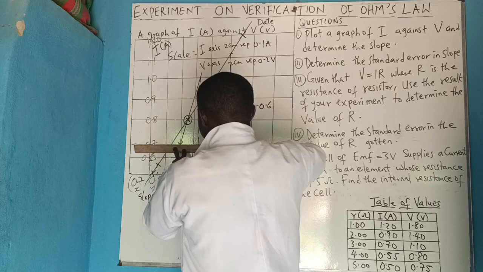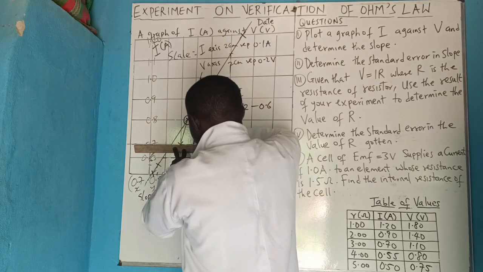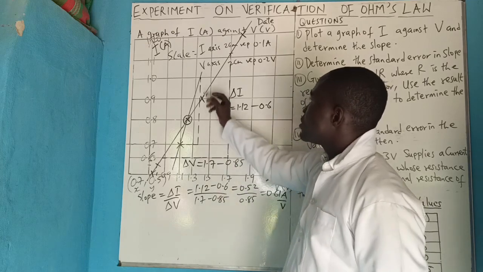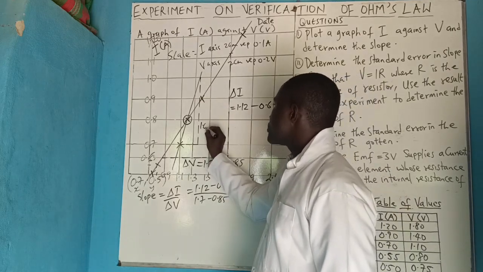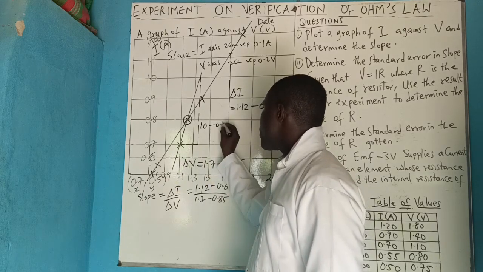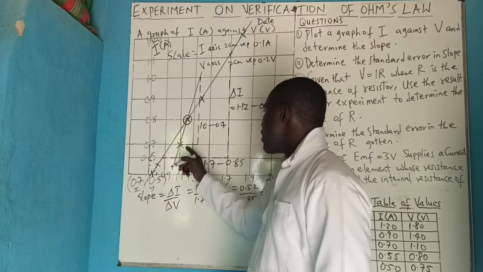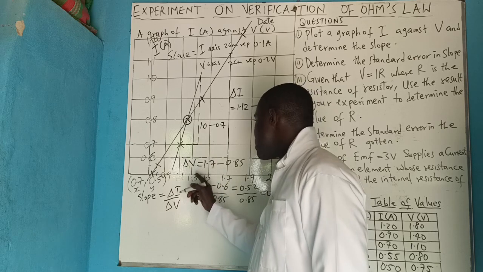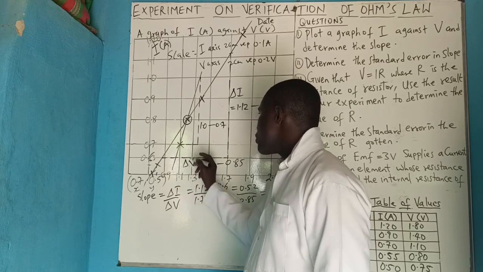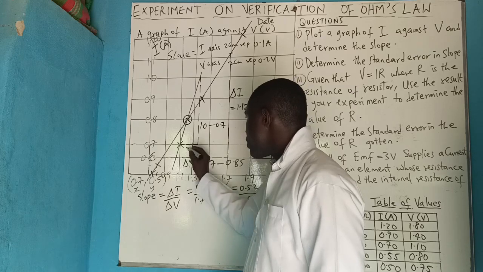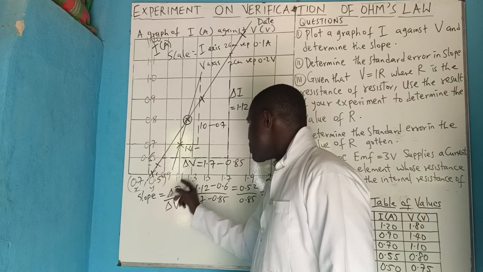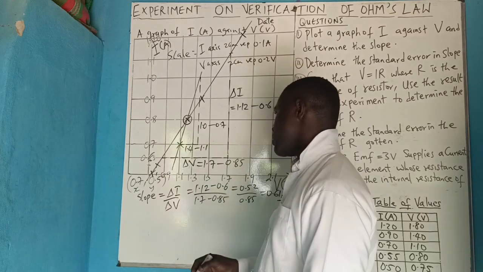We get this. Then this is 1.0 minus this is 0.7. Then for horizontal, this is 1.3, 1.5. So this is taken to be 1.4 minus this is taken to be 1.1.